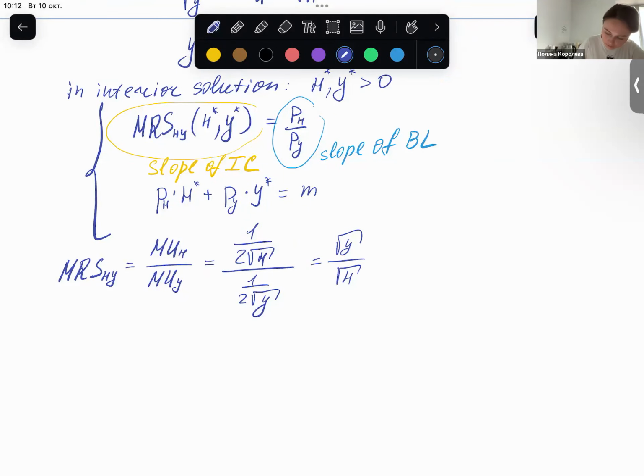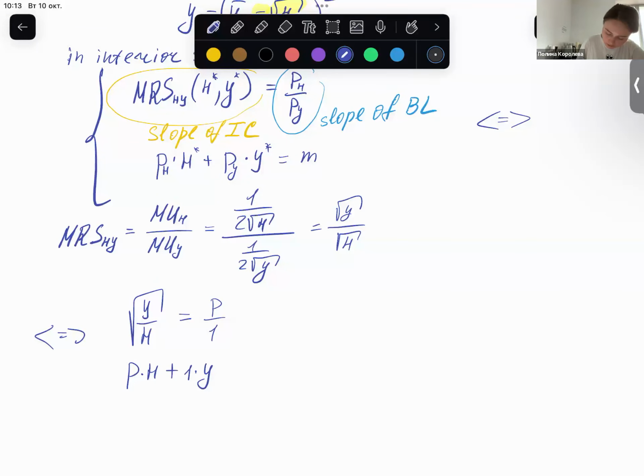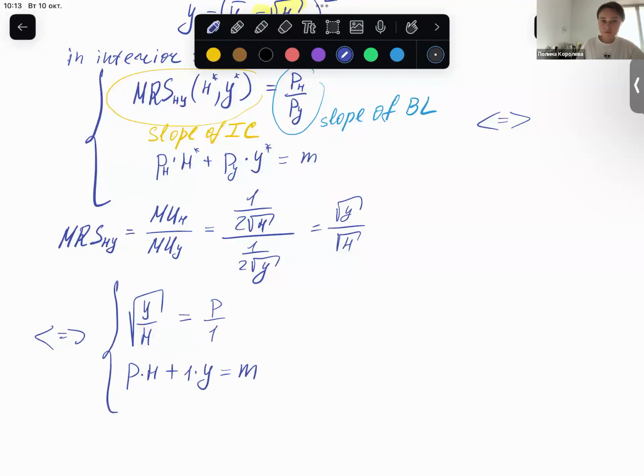So the solution will be square root of y over h equals the price of heating, which is equal to P, and the price of composite good equals 1. So here price over 1. And price times heating plus 1 times composite good equals monetary income. So from here, we will find the demands for both goods.